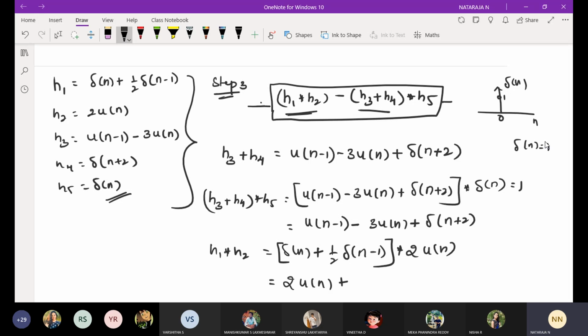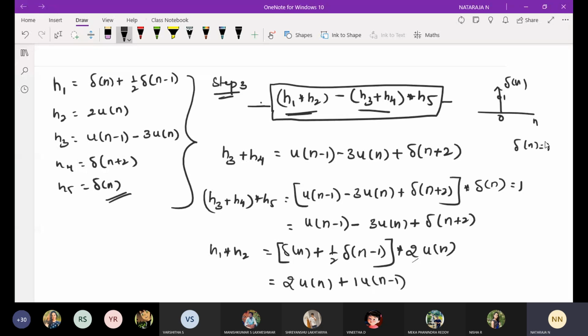Plus, if I multiply these two, this delta function will be 1. Okay, no issues in that. Now I multiply these two: I will get 1 by 2 into 2, so you will get 1 into u of n minus 1, because delta is 1.